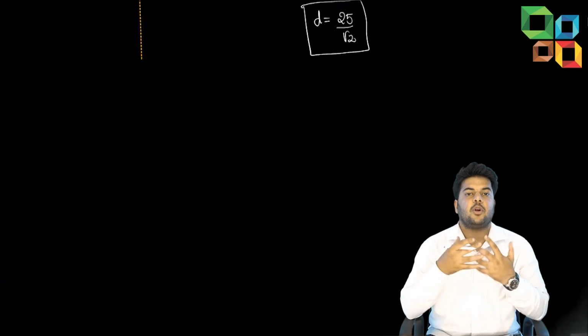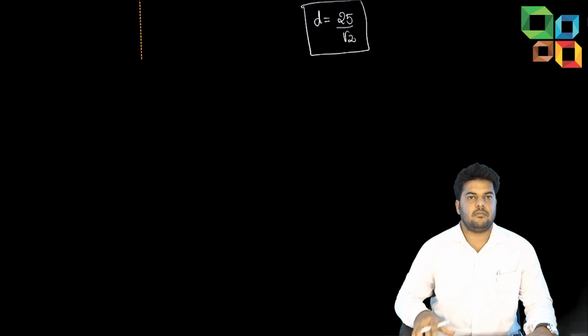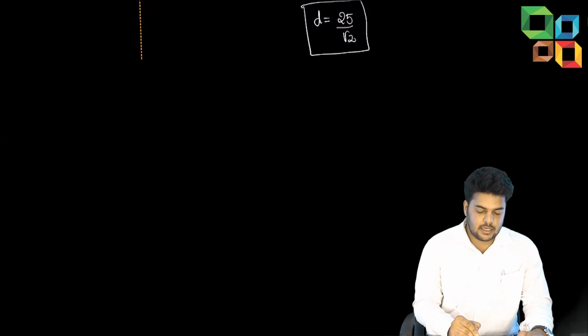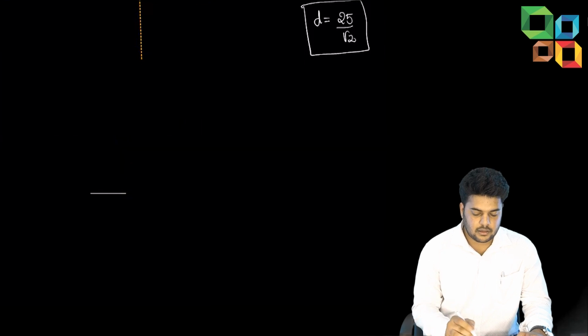See, when I'm talking about trigonometric ratios, I'm talking about all right angle triangles. You can take any right angle triangle that you want. Let's say I take a small one, a small right angle triangle.